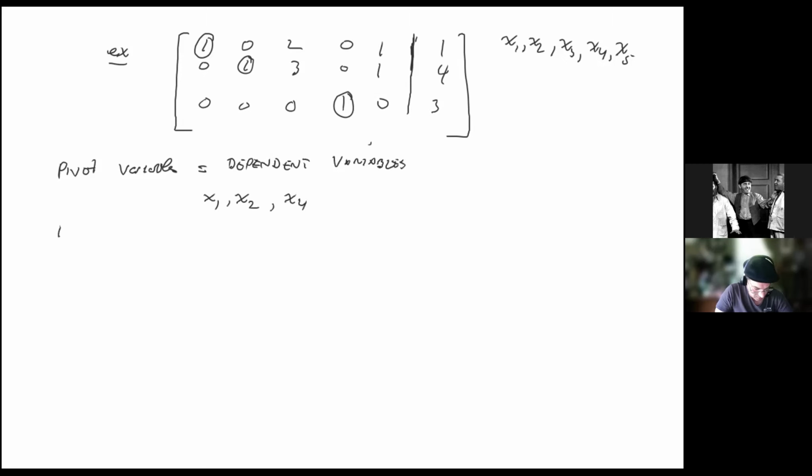And the free variables are the remaining ones. That would be x3 and x5.